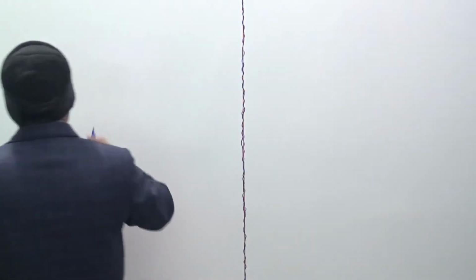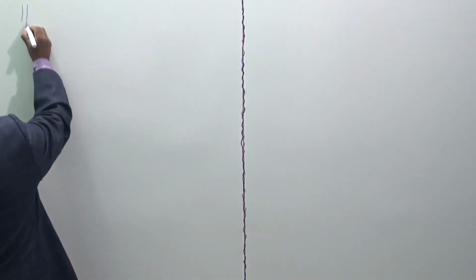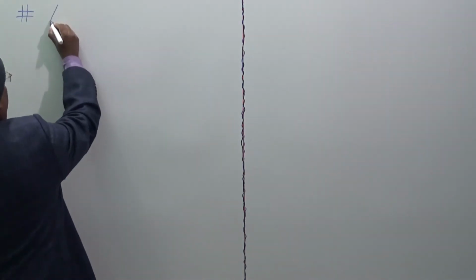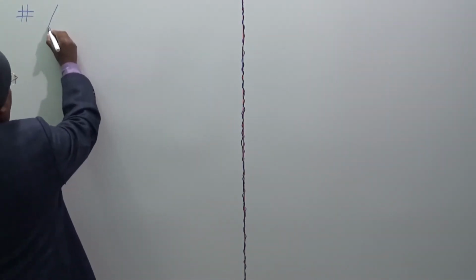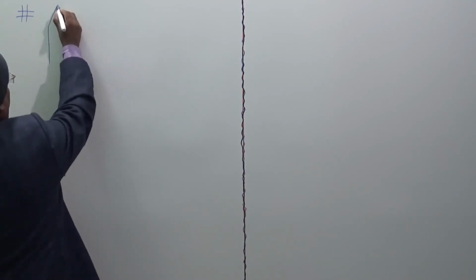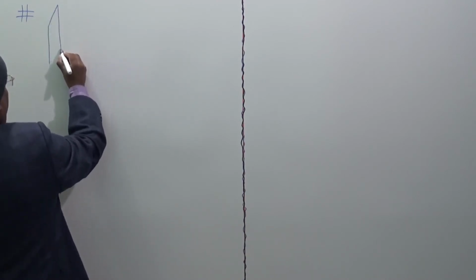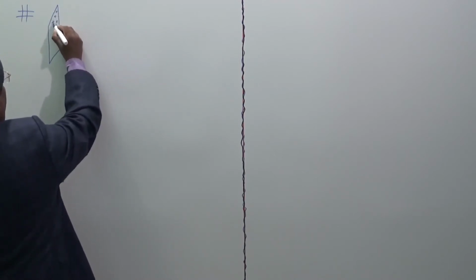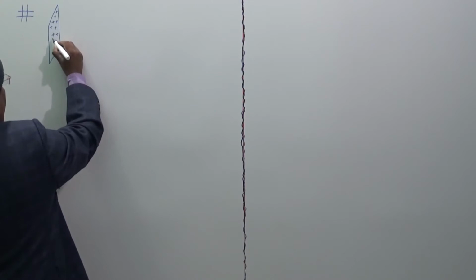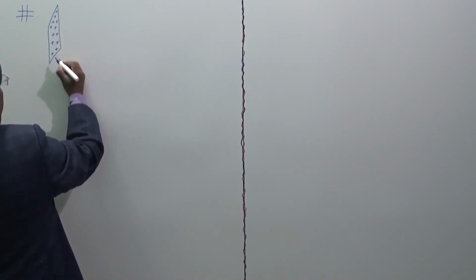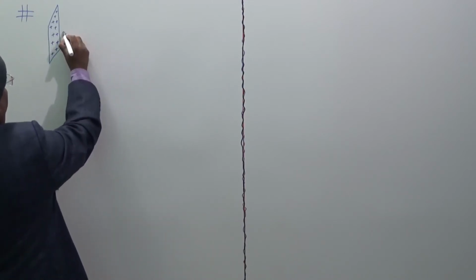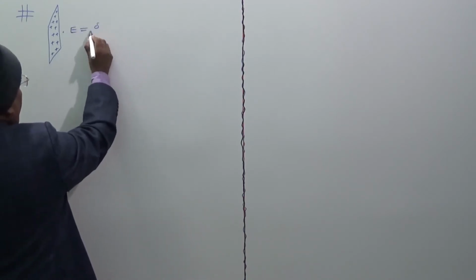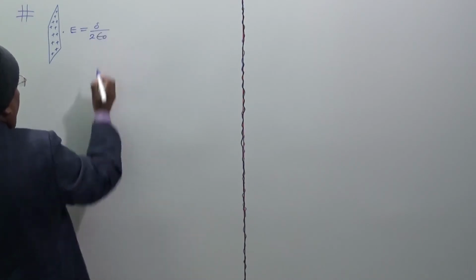All of you know that for a sheet which has a charge density small sigma, the electric field near it is equal to small sigma upon 2 epsilon naught.